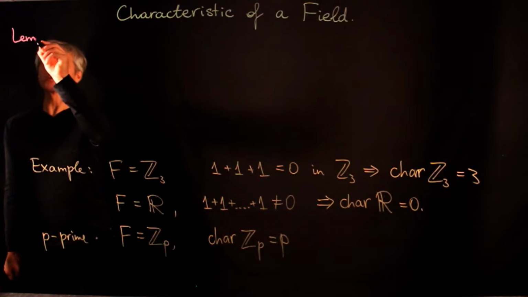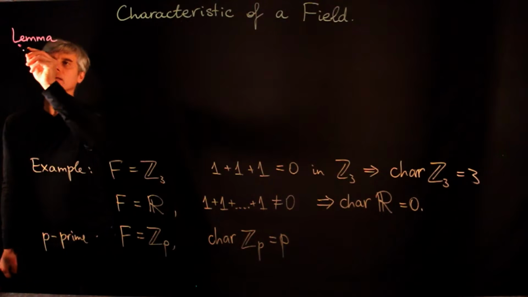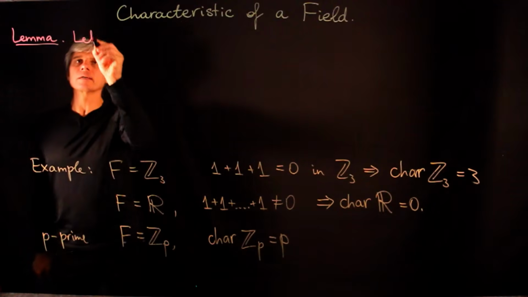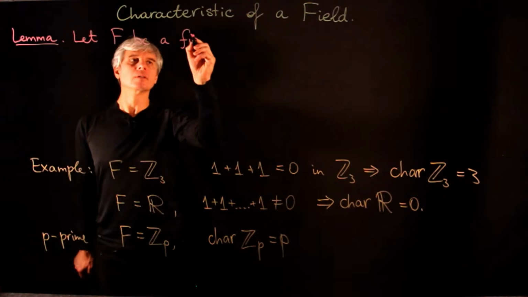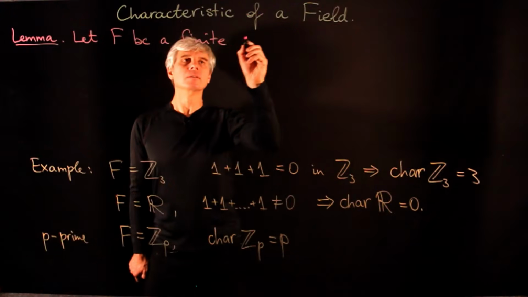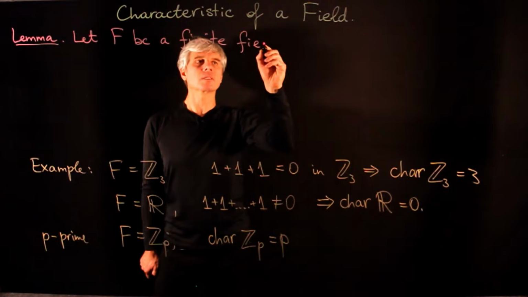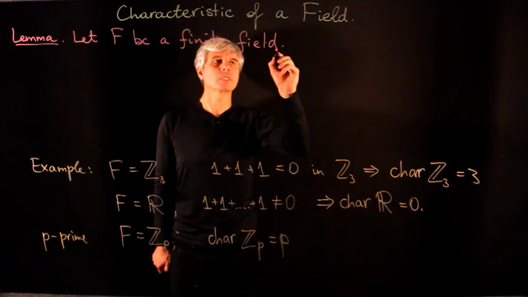So we begin with the following lemma. Let F be a finite field. So this means it's a field with finitely many elements.